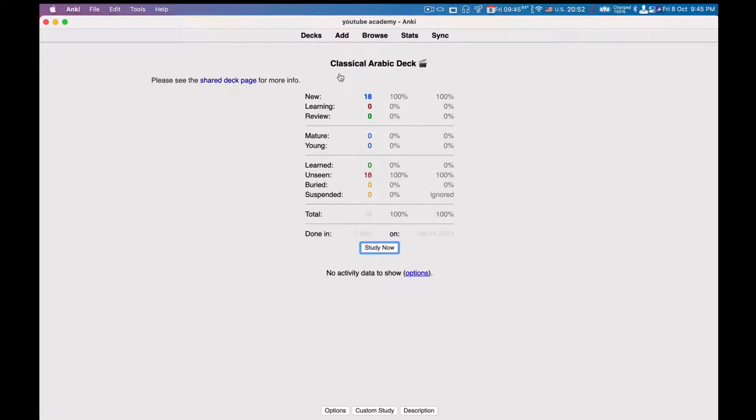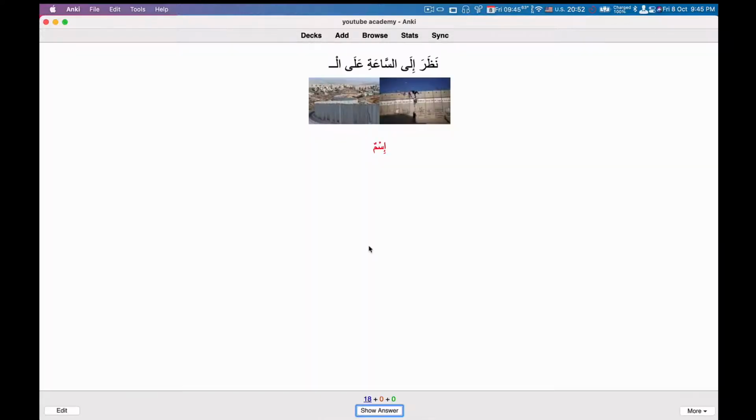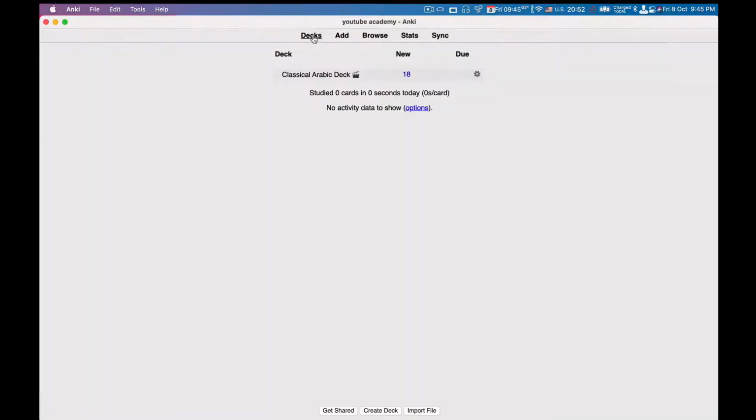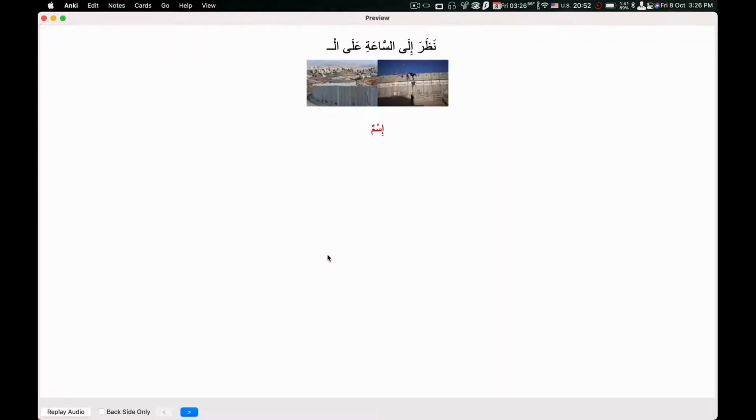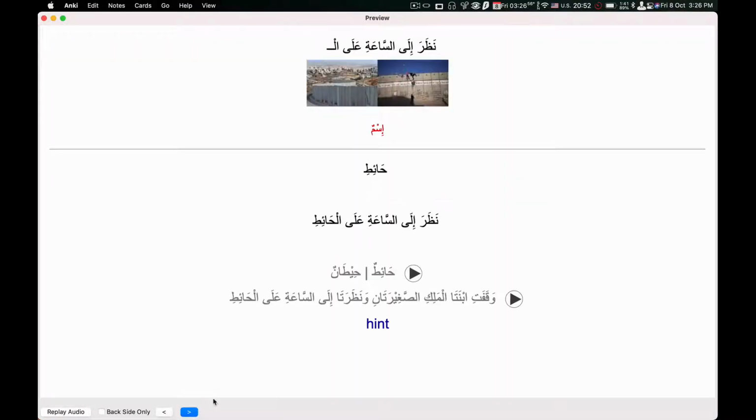So this is it right here, called Classical Arabic Deck. As you can see, these are my sample Arabic questions. We are trying to learn the meaning of the word Haiti, which means wall.